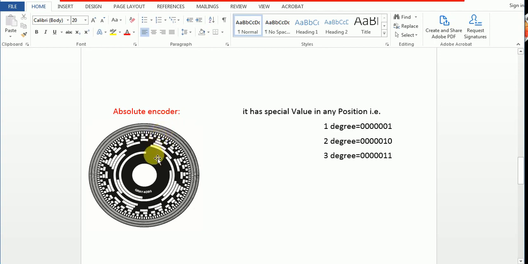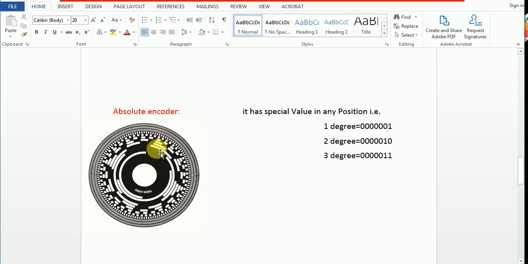This is the incremental encoder, and this is the absolute encoder, because every position has a specific pattern of slots. You can see here at this position there are a lot of slots, and every position has a specific pattern, because every track has its own LED. There are, like, 5 circles of slots, and there will be 5 LEDs here.